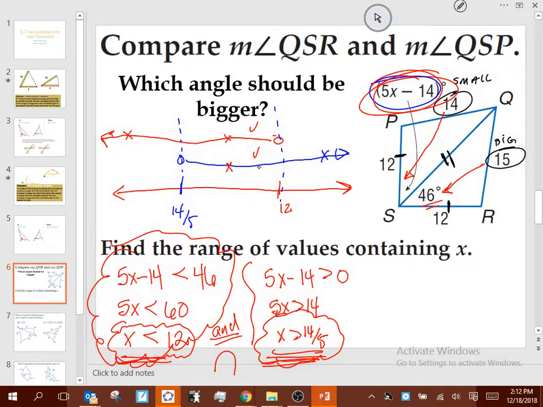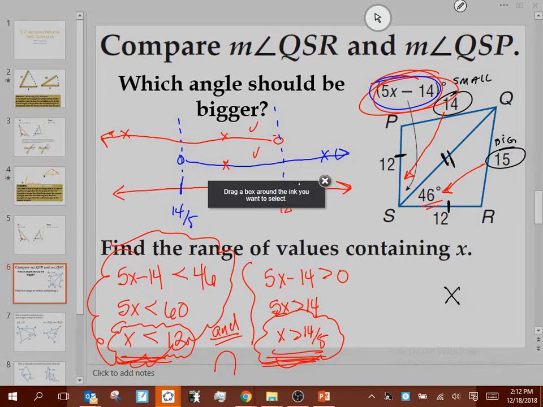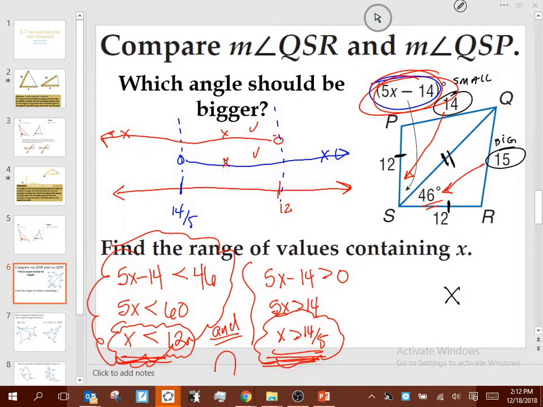Okay, so how do we write our answer? This is how we write our answer. We'll put x in the middle. Okay? Would you agree that if I choose this x right, hold on. If I choose that x right there, which side of 14/5 is it on?